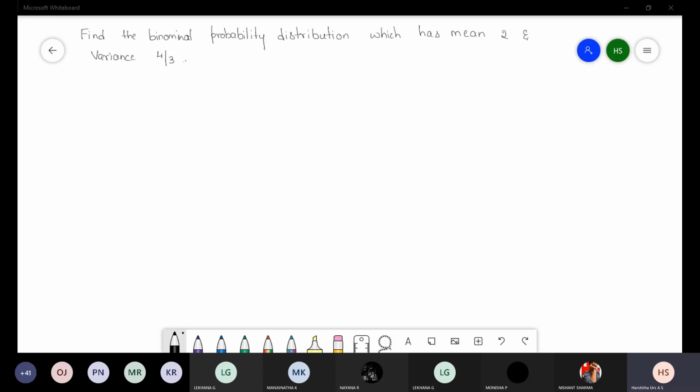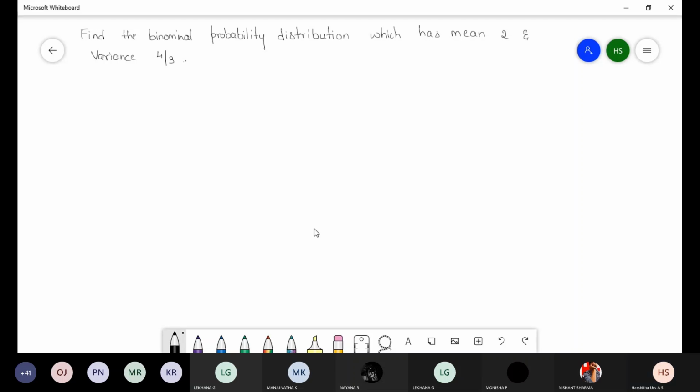First write the mean formula. Mean is equal to NP, that is equal to 2. Variance is equal to NPQ, that is equal to 4/3. Now here we can write NPQ value. Here I substitute 2 into Q is equal to 4/3. Q is equal to 2/3.